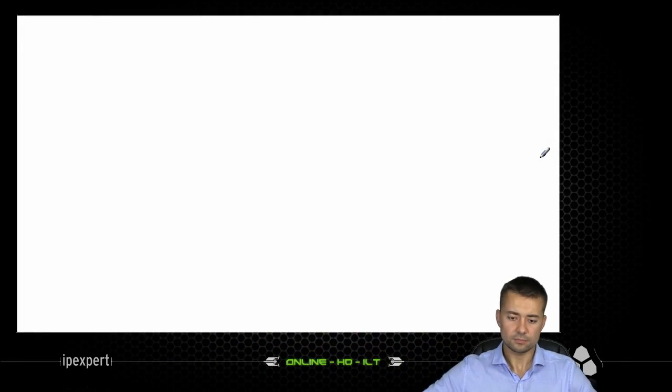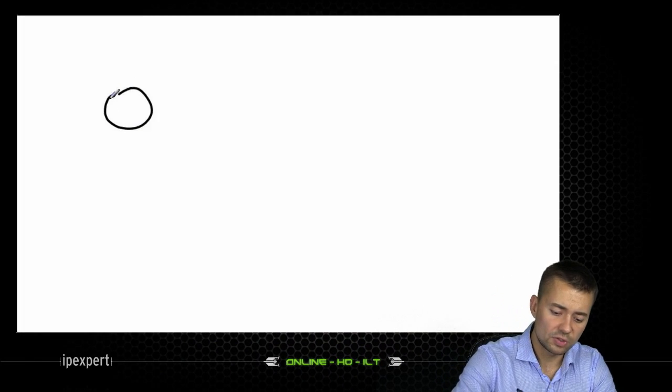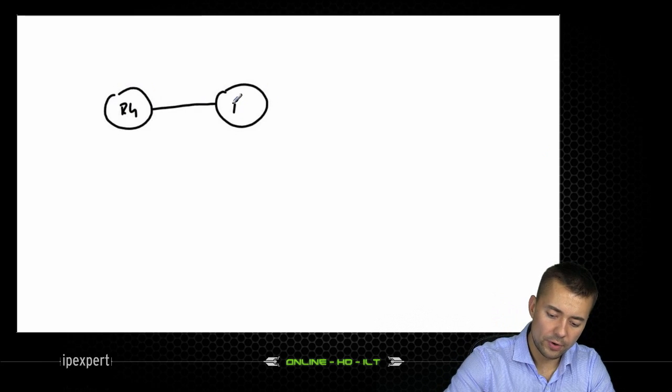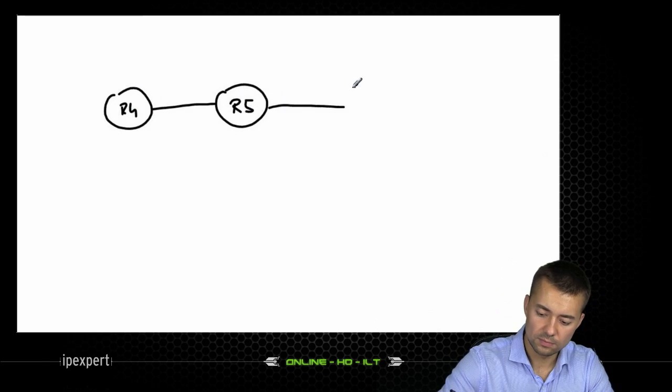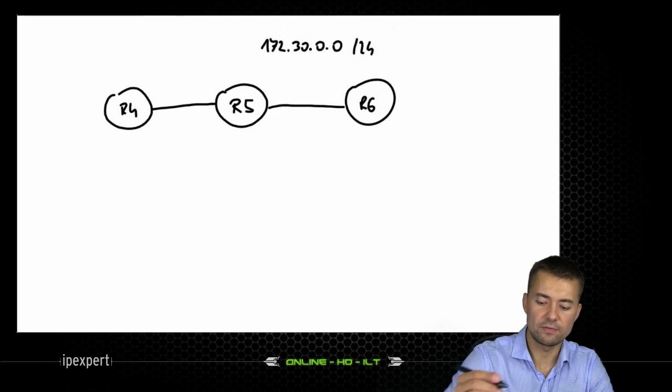We will first start with the topology that I will be using during this session, which is really simple. We have just three devices, routers 4, 5, and 6. We have 172.30.0.0/24 between 5 and 6.